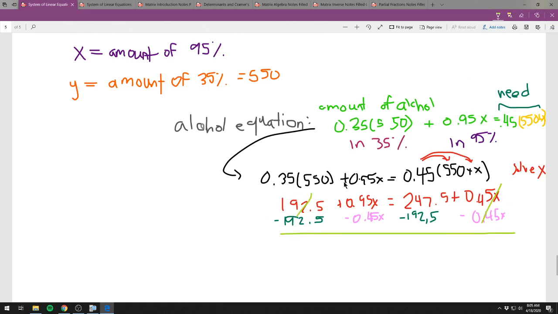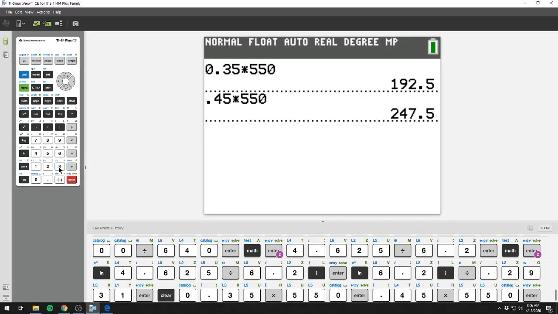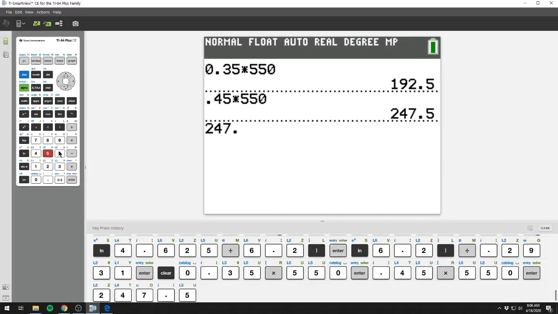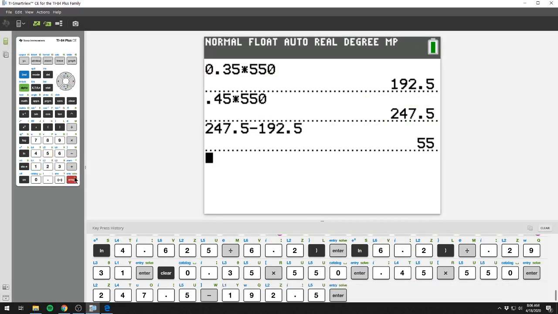That cancels out, that cancels out. 0.95x minus 0.45x is 0.50x. Or you can just leave 0.5. And then 247.5 minus 192.5. Let's just make sure that we don't mess that up, since we've done all this work at this point. We got 55.